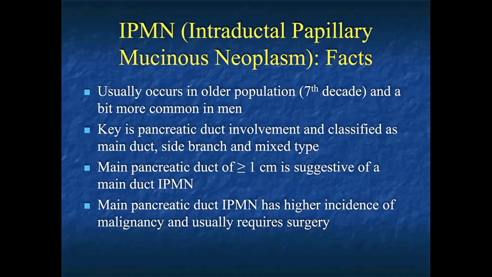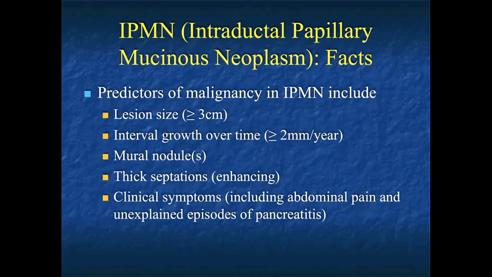But typically anything above 8 millimeters with a dilated duct, you're concerned about main duct IPMN, and patients will end up with EUS. The issue with main duct IPMNs, there's a high association with malignancy, or at a minimum, high-grade dysplasia as one of the possibilities.